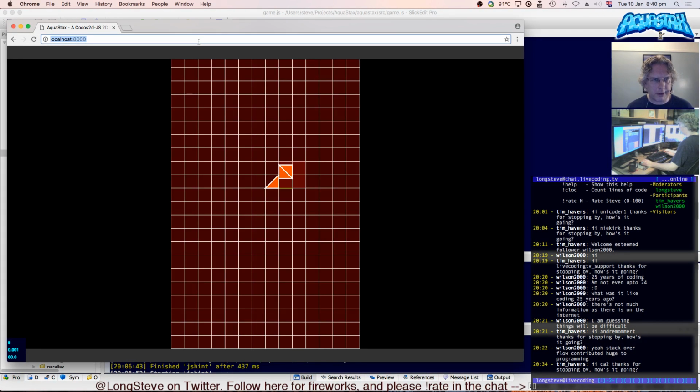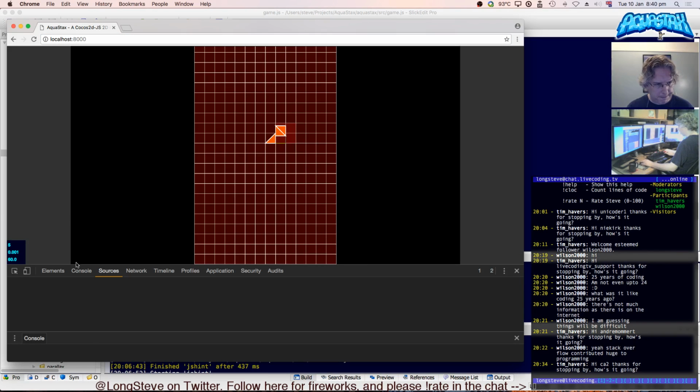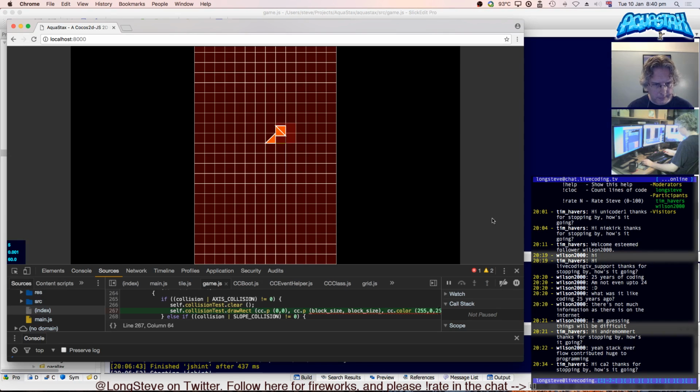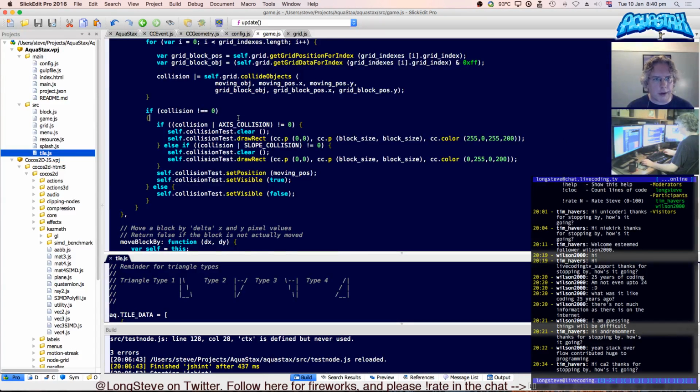Ah, didn't work. I'm trying to be too clever. Forgot to define block size.